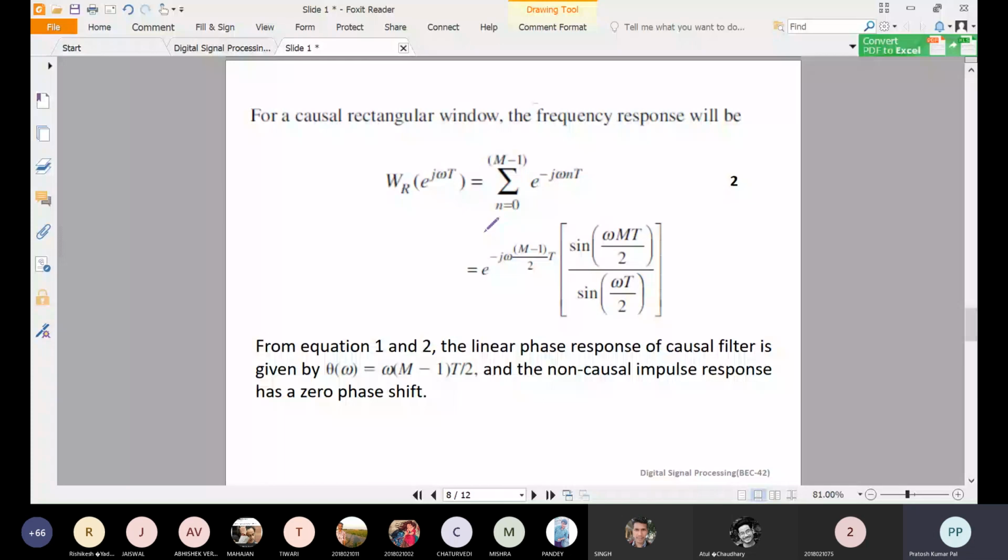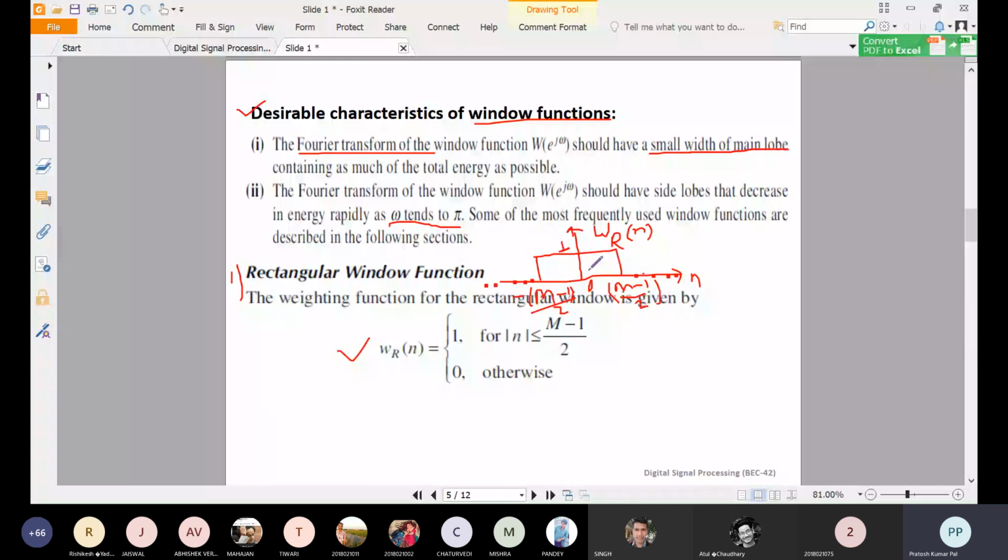So this will be the equation so that the rectangular window looks causal. The rectangular window was defined by this function. To make this rectangular window causal, what we can do is shift it. So we will be shifting it from here.